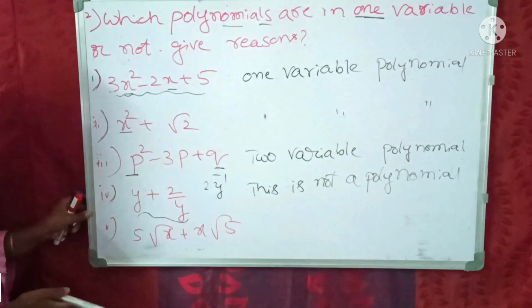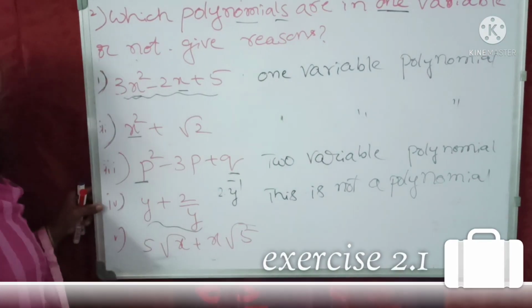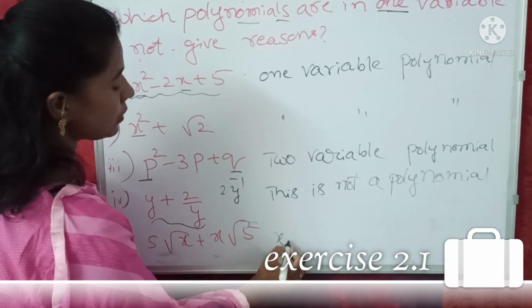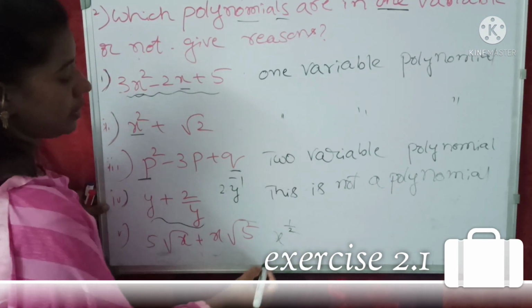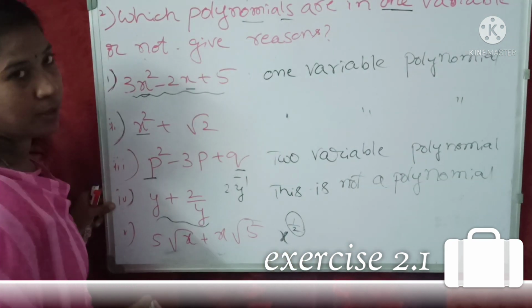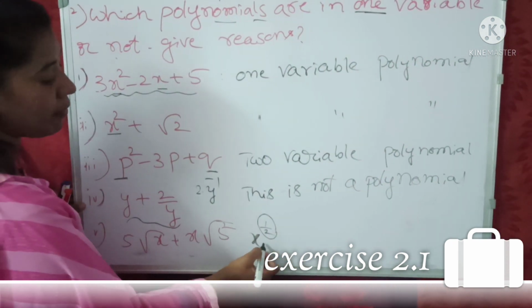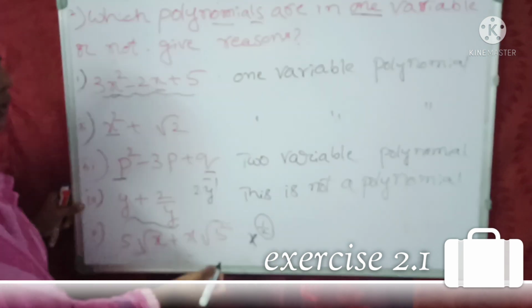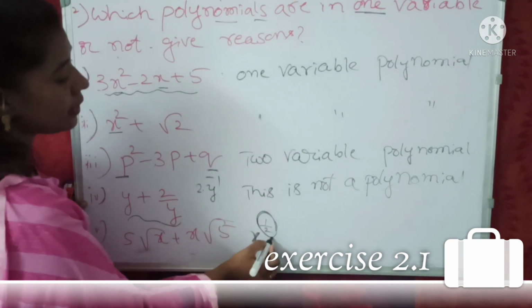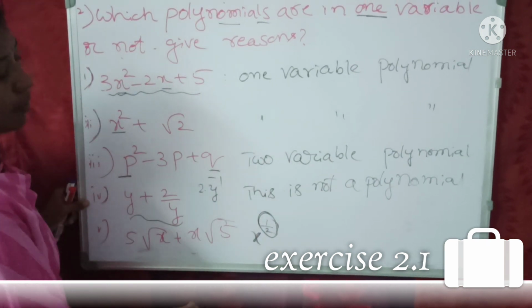Okay, so the last one, is this a polynomial? No, this is not a polynomial because root x can be written as x to the power of 1 by 2. Is 1 by 2 an integer? No, it is not an integer. It is the power of a rational number. So according to definition of polynomials, a rational number cannot be a power of the variables.